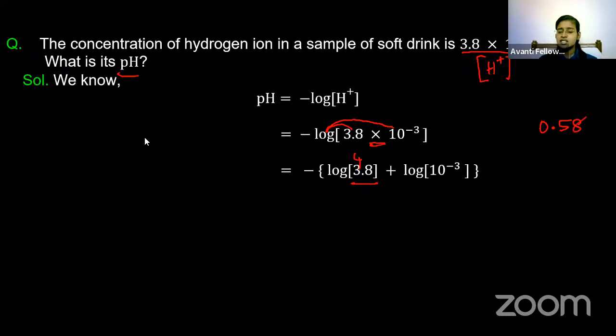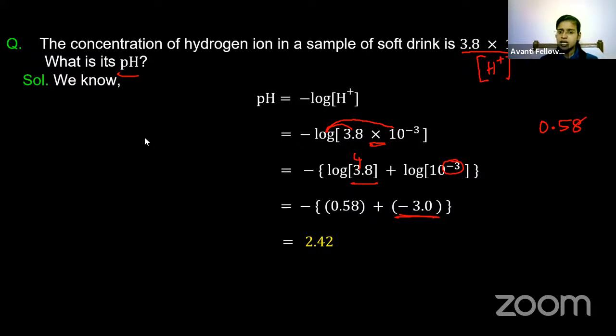Since it is 3.8, you can reduce it a little from 0.6 to about 0.589. And the log of 10^-3 is equal to minus 3, because log 10 is equal to 1. Now add these two, and you will end up with 2.42 as the pH value for the soft drink.